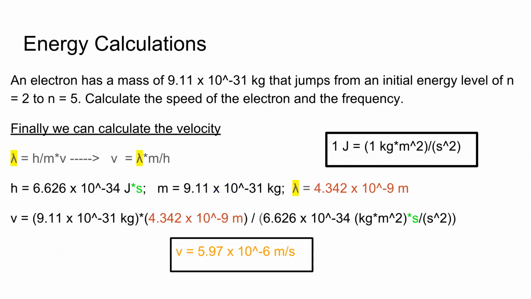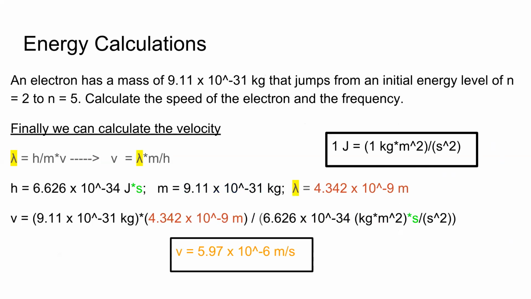So now we can calculate our velocity. We know that lambda itself is equal to Planck's constant divided by the mass times velocity. So in order to calculate the velocity, we just have to bring it to the other side and keep everything else on that.